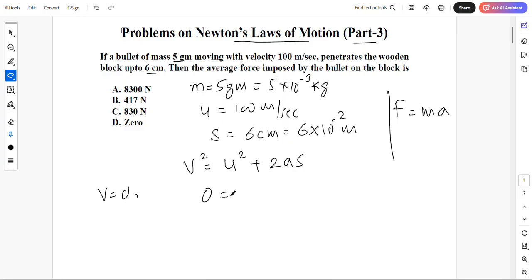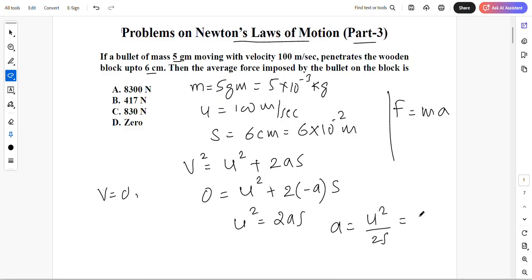Therefore 0 is equal to u square plus 2 into retardation, that is minus a, into s. Therefore u square is equal to 2as, or from here I can calculate a is equal to u square by 2s.